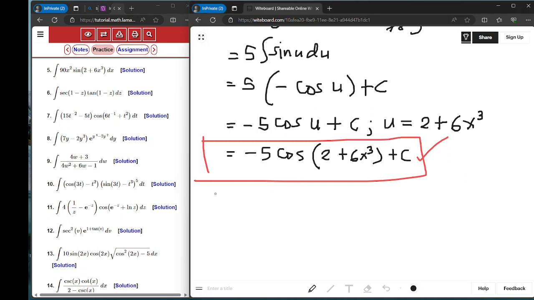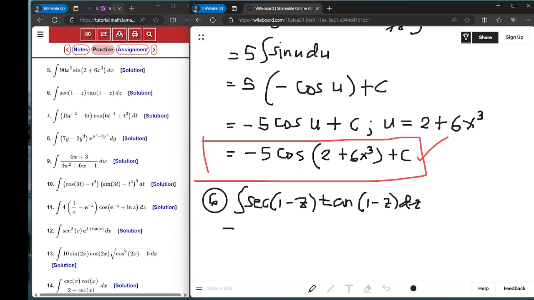I'm not familiar with this, actually. I forgot the different trigonometric identities or trigonometric laws. So let's just check. We have integral of secant times 1 minus z times tangent 1 minus z dz.